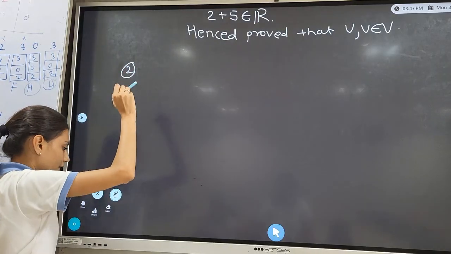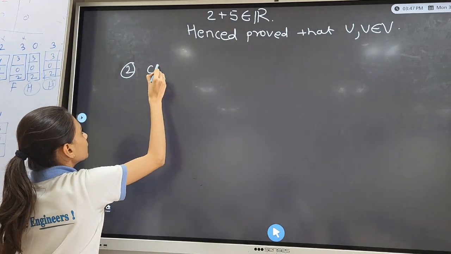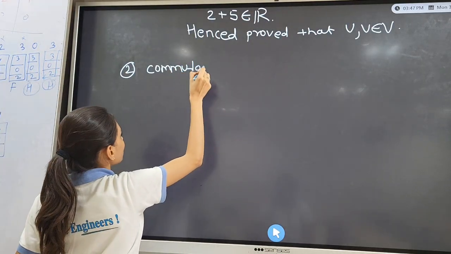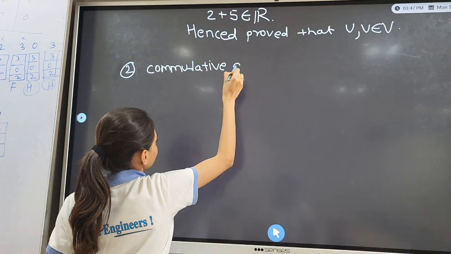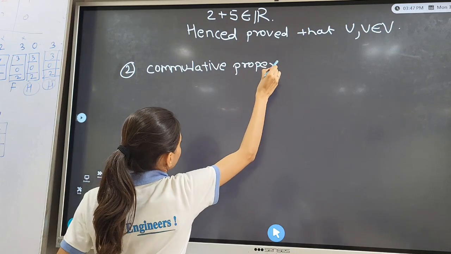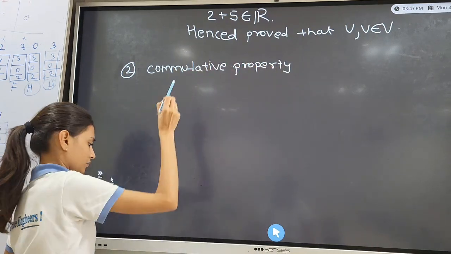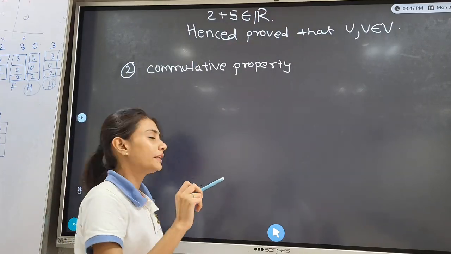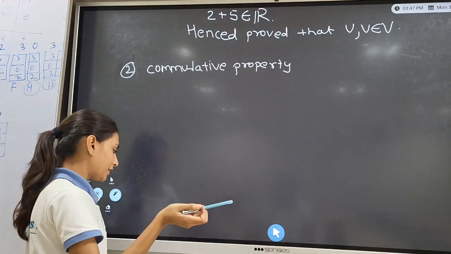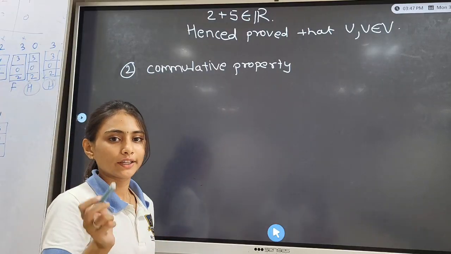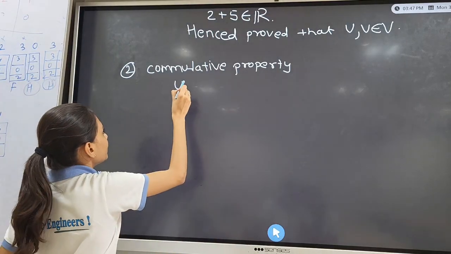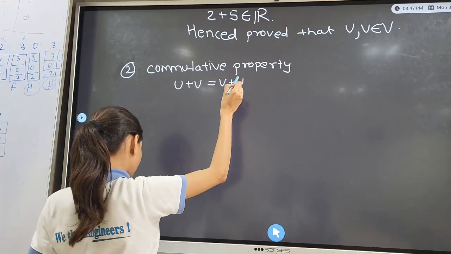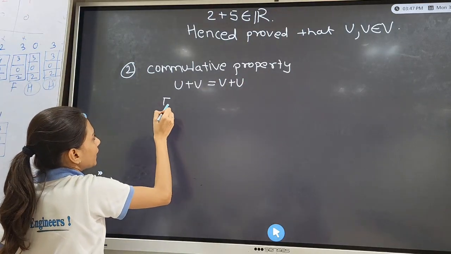Then the second property, the commutative property. In this property, we show that the order of elements doesn't matter when we perform addition on the two elements, which is U plus V equals V plus U. Let's take an example.